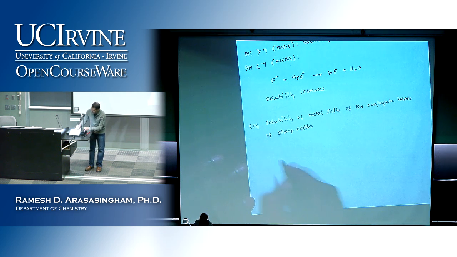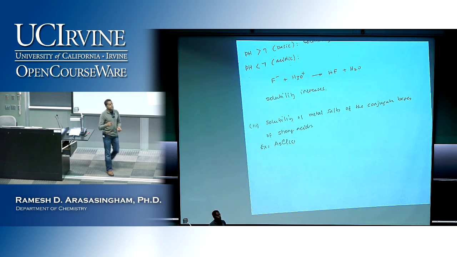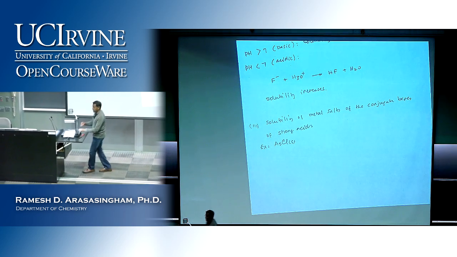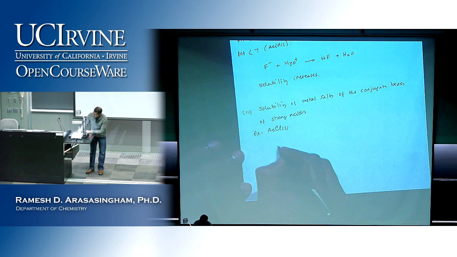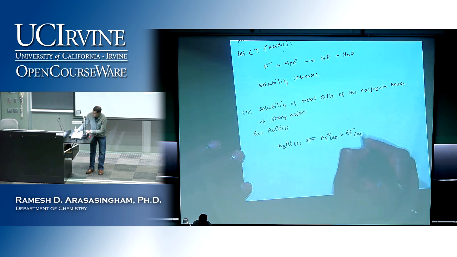And so an example would be AgCl. Chloride ion is the conjugate base of a strong acid. So if I take chloride ions, the equilibrium I would establish would be this, and Ksp is 1.6 times 10 to the negative 10.